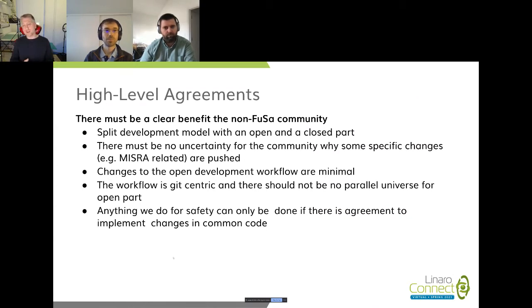We don't want to change the open development workflow much or at all, and everything shall remain Git-centric, with no fork or parallel universe on the source part. Anything that we do for safety shall be done only if there is an agreement to implement all the changes in the common code, so we cannot do it ourselves. There must be community alignment if we want to proceed with any kind of changes.